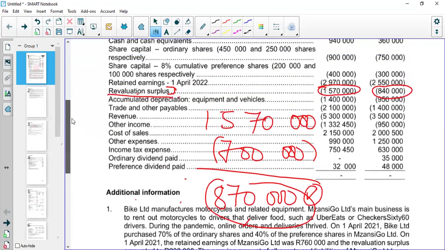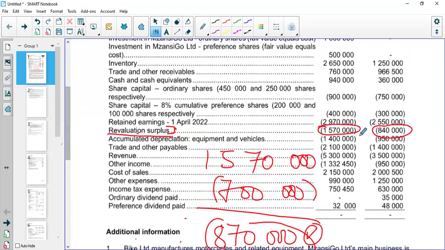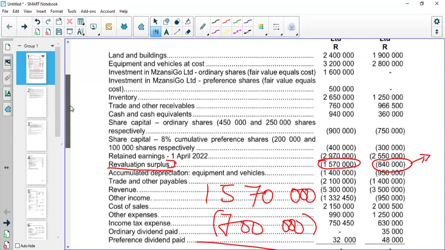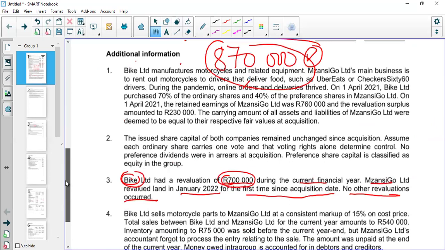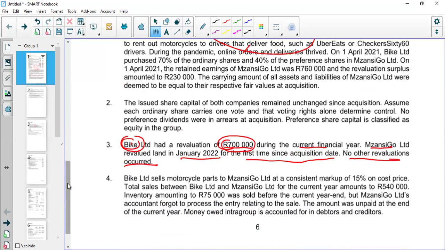Now let's talk about the share of the parent in the revaluation surplus of the subsidiary. So on acquisition, the retained earnings was 760 and the revaluation surplus was 230 on acquisition.